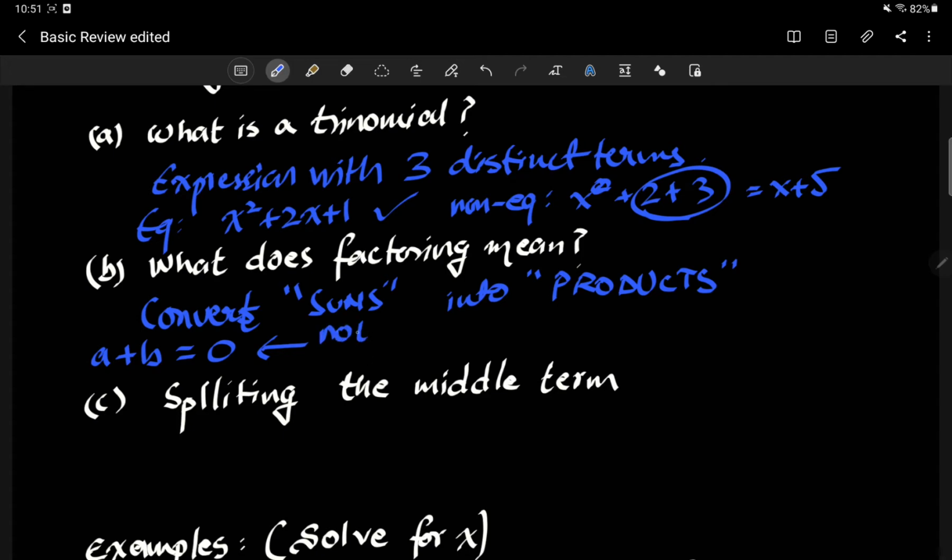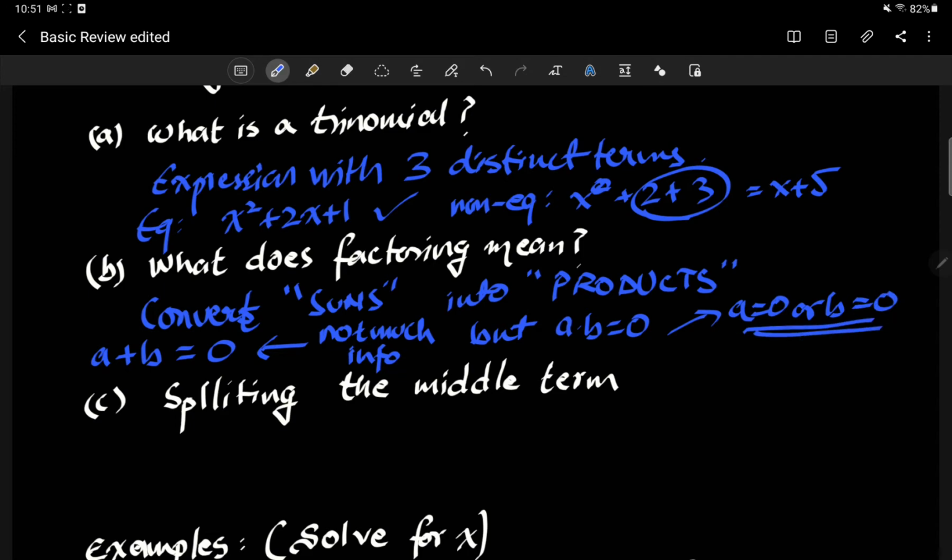This does not tell me much because there are infinitely many ways in which this statement can be true. But if I say a times b is 0, then within the framework that we work in, we know that a is 0 or b is 0. So essentially the process of factoring lets us derive more information.